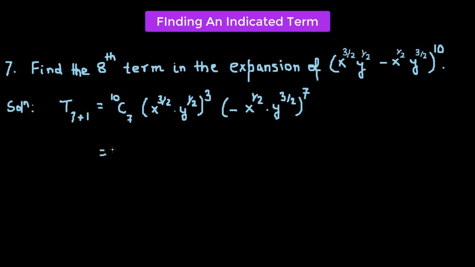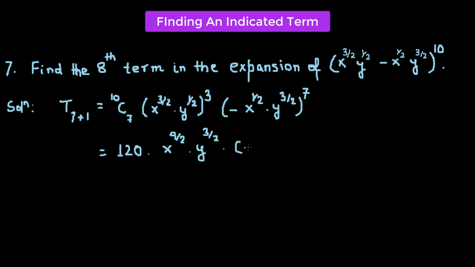So 10c7, let's find out. 10c7 is 120 times x raised to the power of 3 over 2 times 3, which is simply 9 over 2, times y raised to the power of 3 over 2.